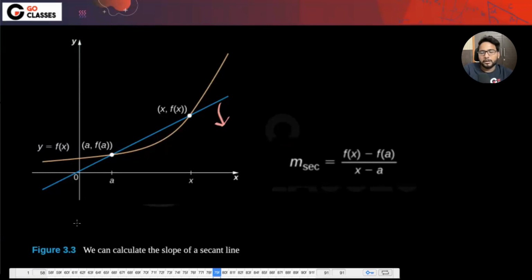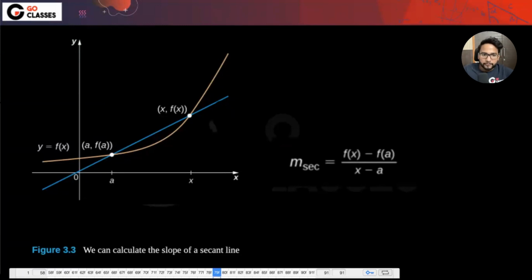Okay. Now, suppose I say that the points A and X are too close, which means they're not that far, then this what we call a secant, right? So this secant becomes a tangent. But first of all, have you understood what I'm talking about?